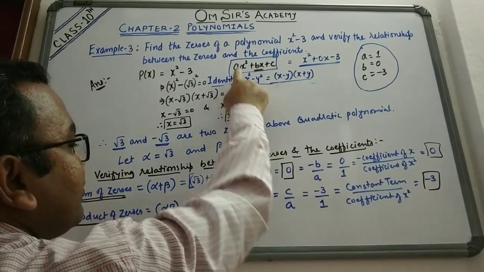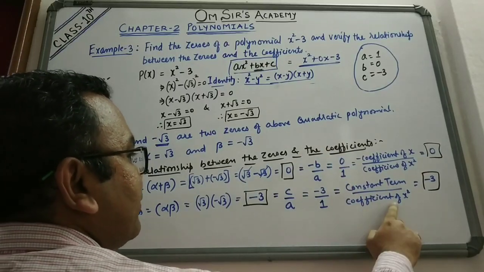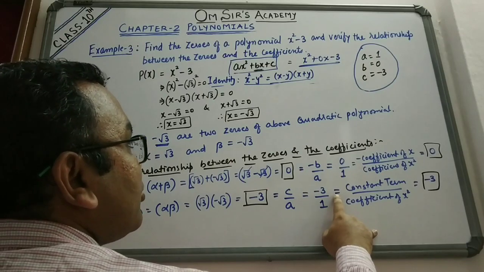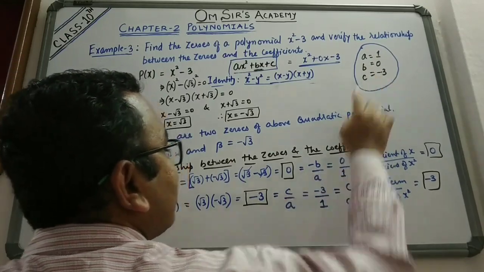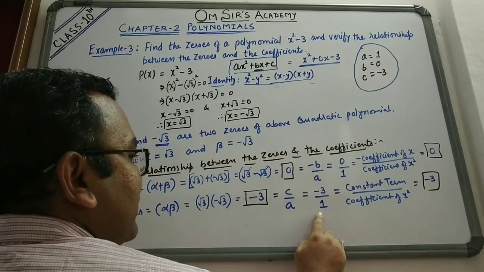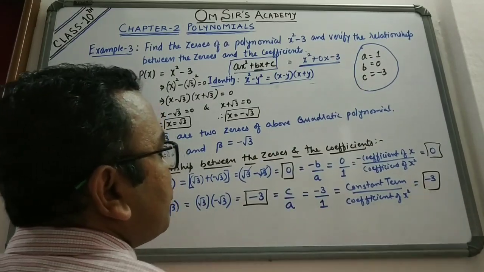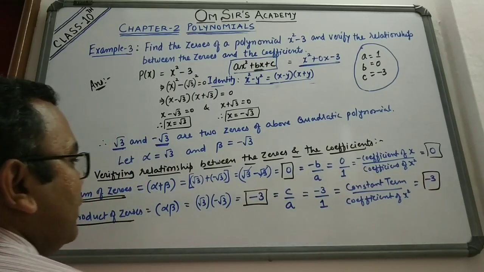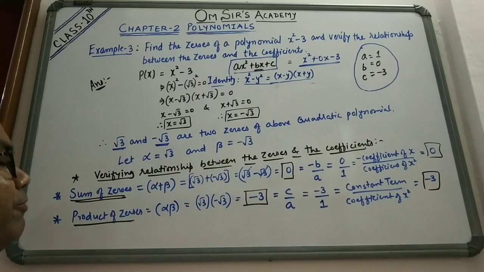Again the coefficient of x square. तो कांस्टेंट टर्म अपॉन कोएफिशिएंट ऑफ x स्क्वायर से इक्वल होना चाहिए. सो व्हाट वाज माय कांस्टेंट टर्म c ओवर हियर? दैट वाज -3 एंड a वाज व्हाट? 1. सो इट इज -3 upon 1 which is equal to -3. So this -3 is equal to -3, and hence my relationship is verified.